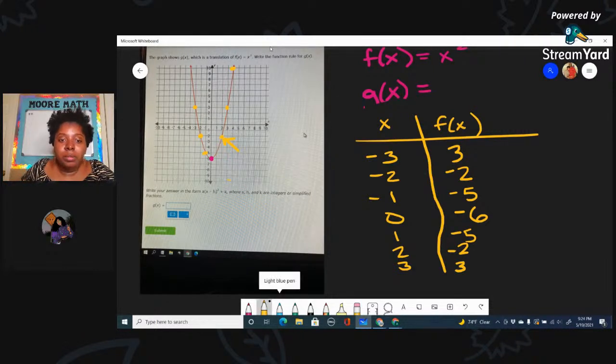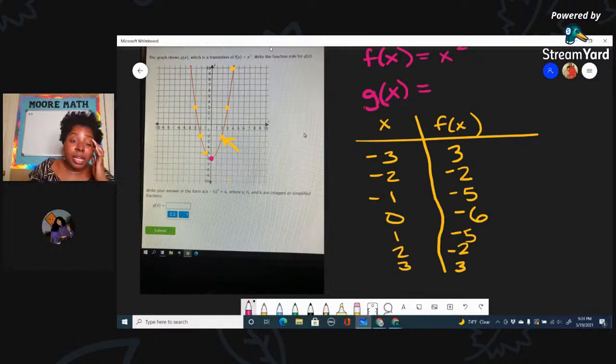So if we were doing x squared, what can help you is just to try to plot it yourself. So if we have 0, what's 0 squared? 0. Yep. Okay. What's 1 squared? 1. Okay.